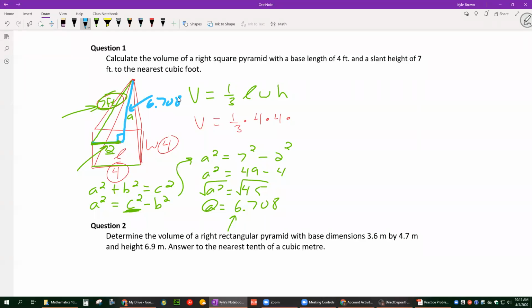Now we can go back to this point. At this point, we were at volume is equal to 1/3 times 4 times 4, and then my height. Now I know it, that was that number there, 6.708. So then in the end, sorry, I got a little messy here, I'm not even sure what that's equal to. Let's see.